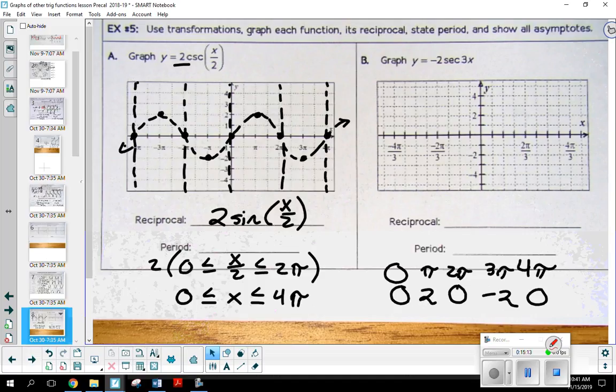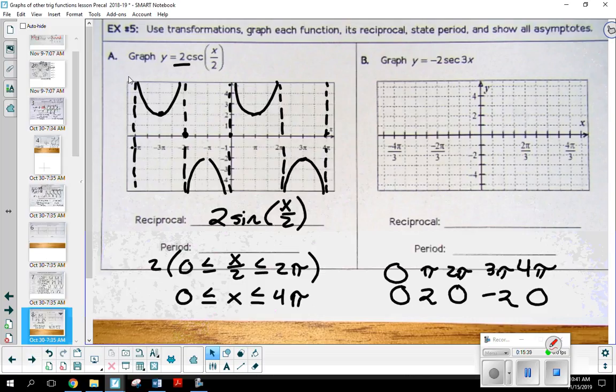So maximum opening up, minimum opening down. Maximum up, minimum down. So when I erase 2 times the sine of x over 2, what I'm left with is 2 cosecant of x over 2. And there we go.